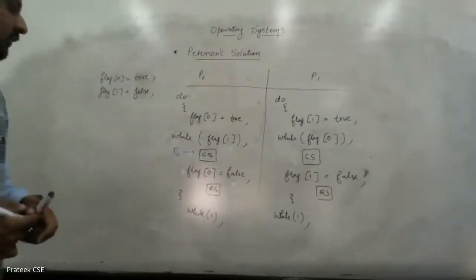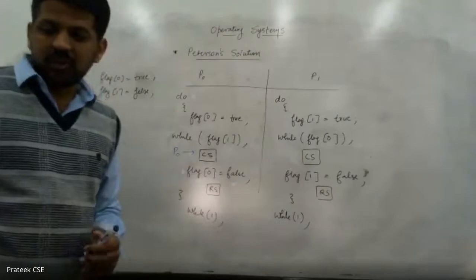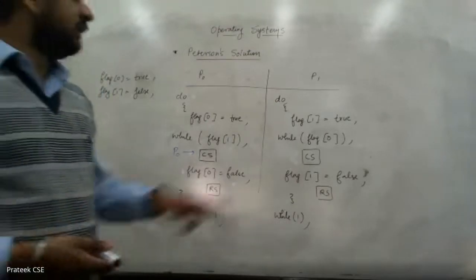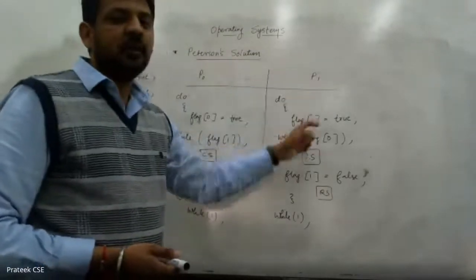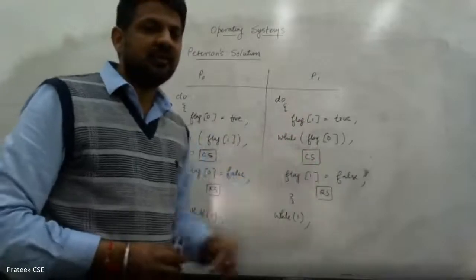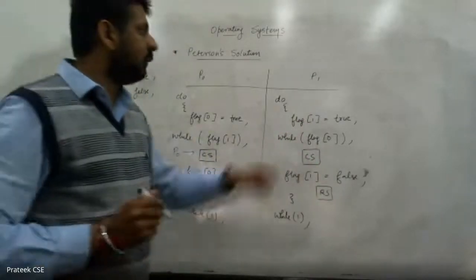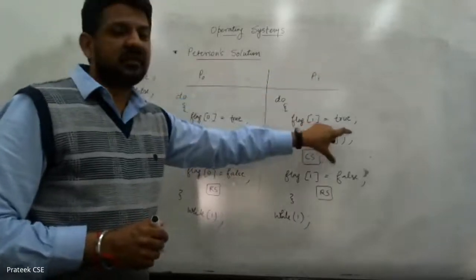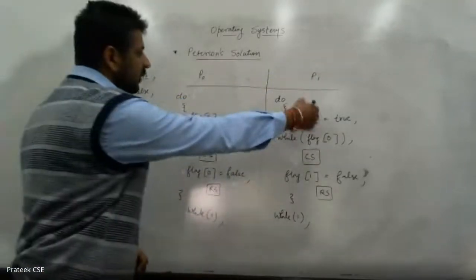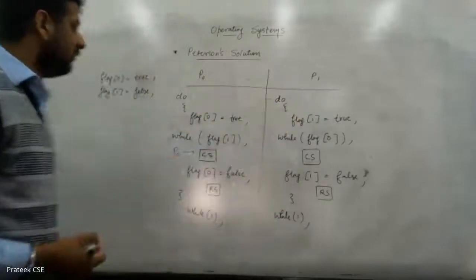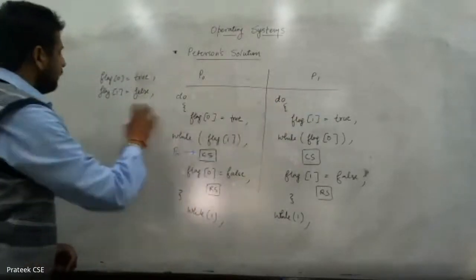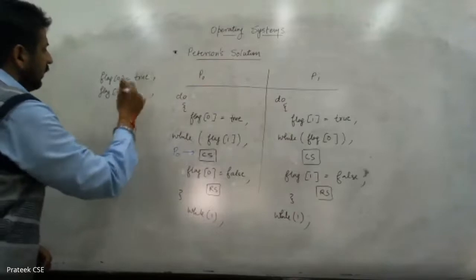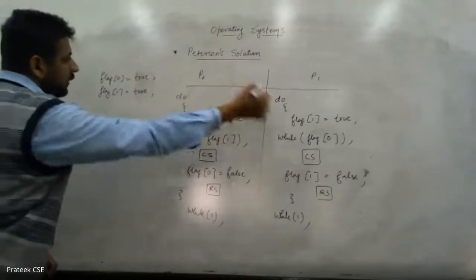Now P0 is in the critical section, so according to the critical section problem, at that time P1 will not be able to enter the critical section. Let's see what will happen if process P1 tries to enter at the same time. P1 will execute this particular code. It will set flag[1] equals true.